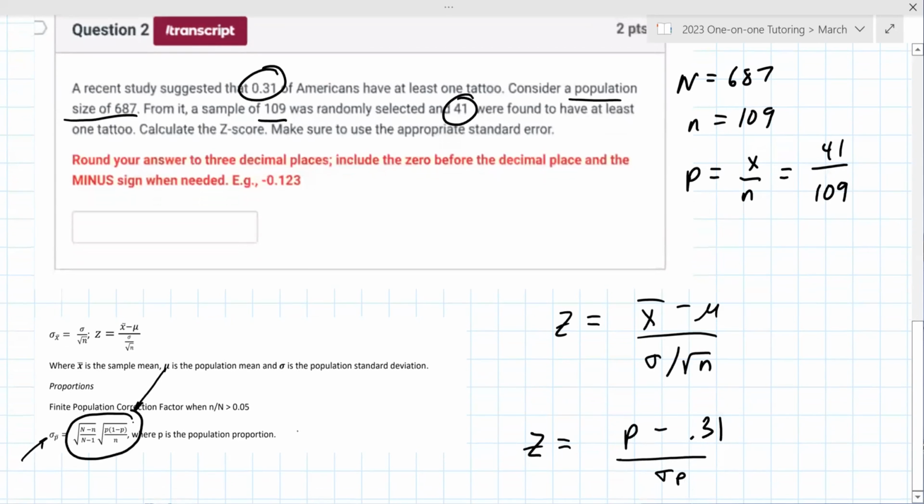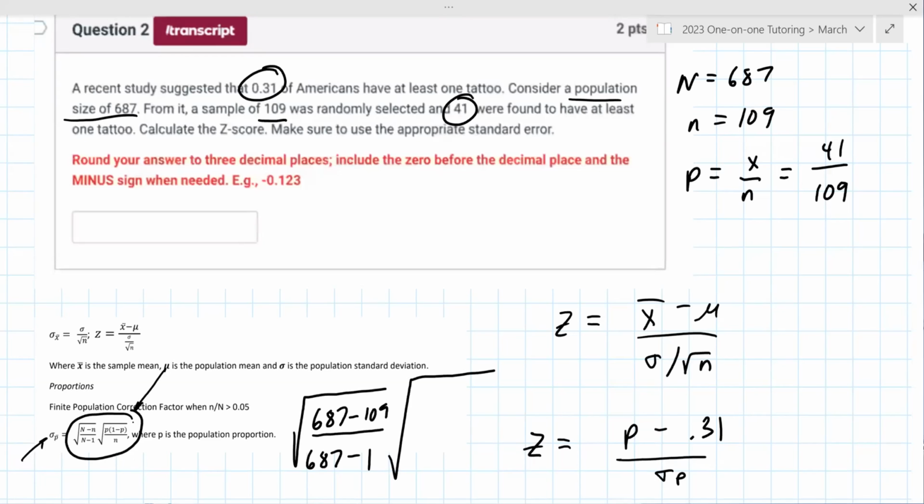So the sigma P is the square root of (687 minus 109) over (687 minus 1) times the square root of P times (1 minus P) over 109. That doesn't work out nicely. 41 out of 109 isn't really a nice number, so it's probably good to go out to like 4 decimal places, maybe more depending on how this is done.